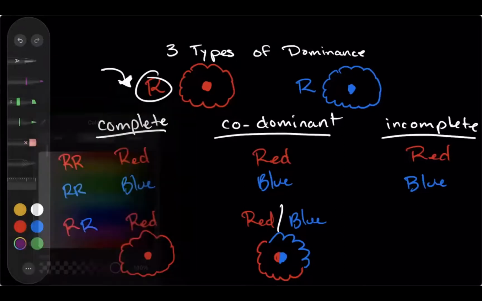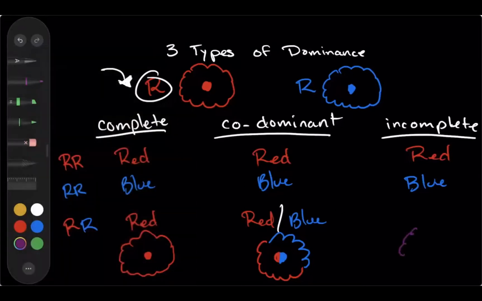So you would get something that maybe looks like this. So something that is in between the red and the blue allele. So in this instance, you would get a purple flower expressed in the phenotype that you'd see.